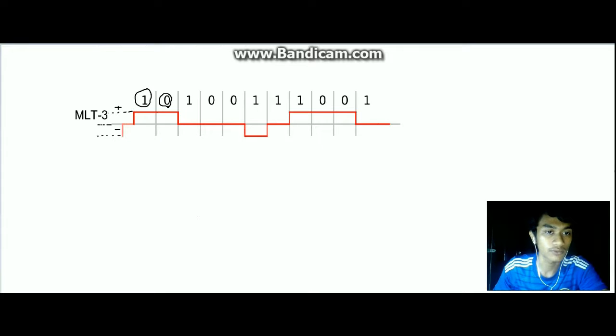When there is 0, there will be no change in the graph, and after that we will meet 1 now. So there will be a change in the graph, so we will go downwards. Alright, and then we have 0 and 0, absolutely no change. Okay, and then we meet 1.